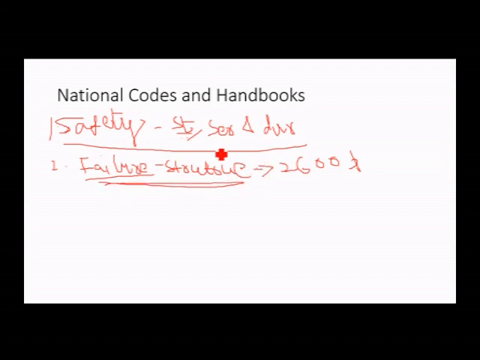This is caused due to the insufficient use of the code books or handbooks, or if no proper use is made, and if there is construction of some uneconomical structures, then we need to face this kind of problem.